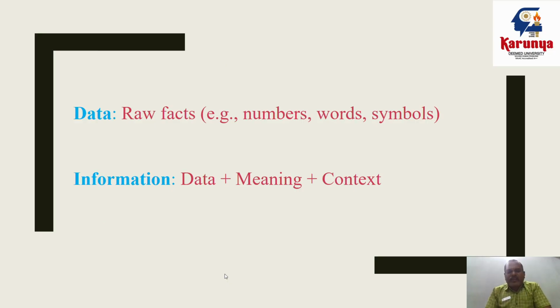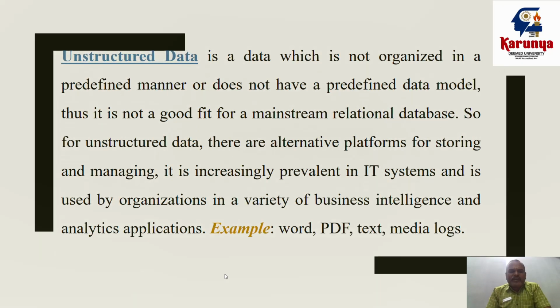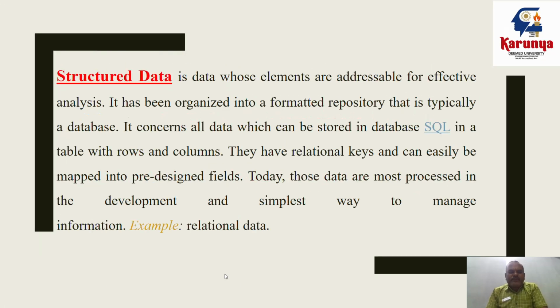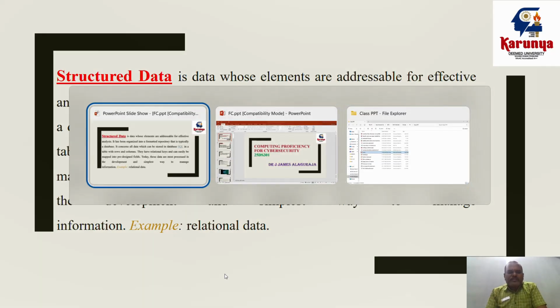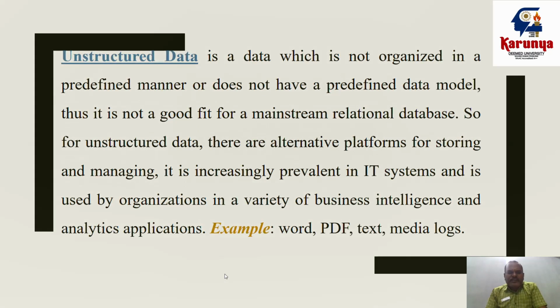But here we are deriving data in a different manner: structured, semi-structured or unstructured. There are three different types of data in the context of data and information. Number one is called structured data, another is called semi-structured data, and the last one is unstructured data.